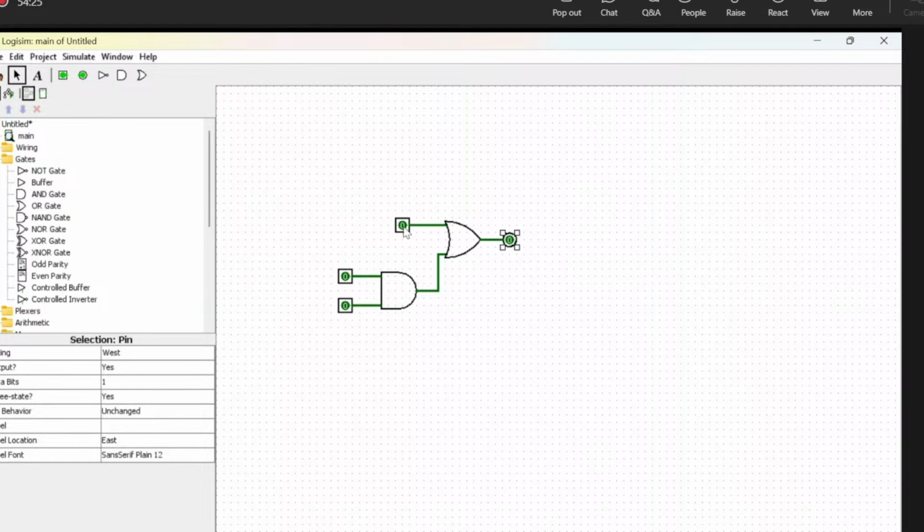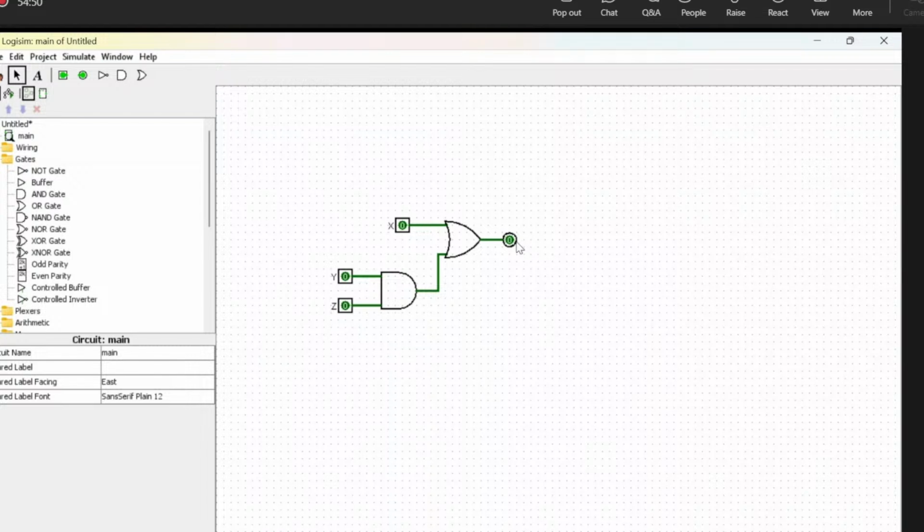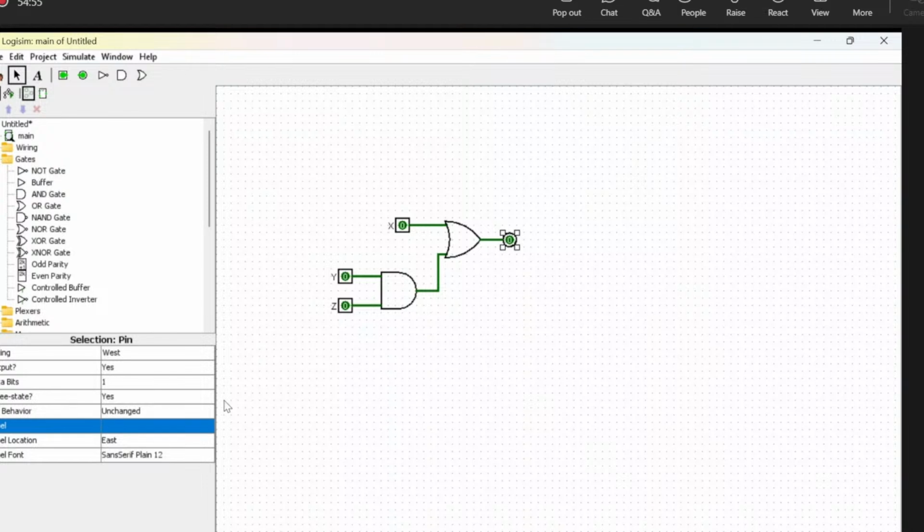I'm going to name this X. This will be Y. And this will be Z. And this will be X plus YZ.